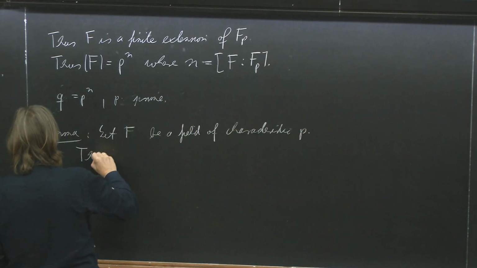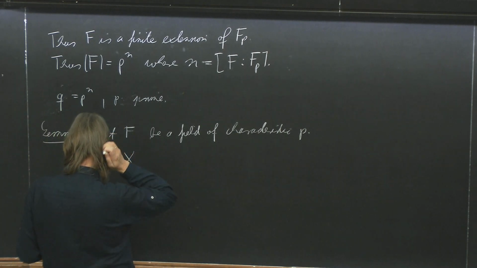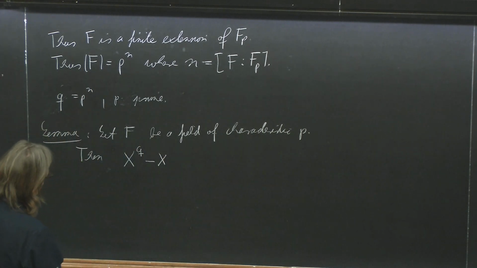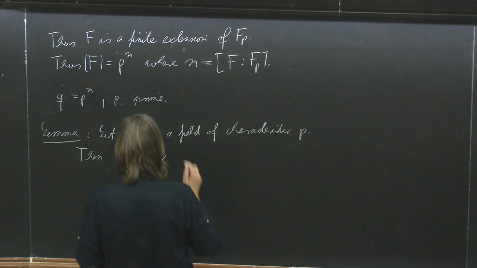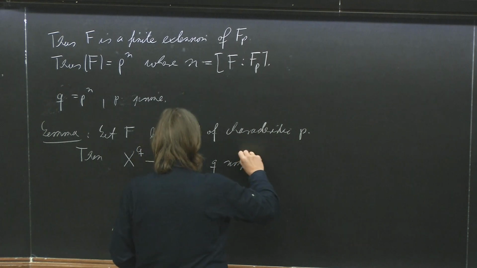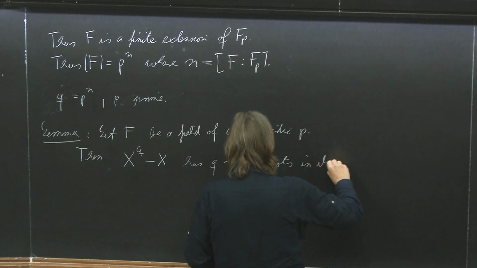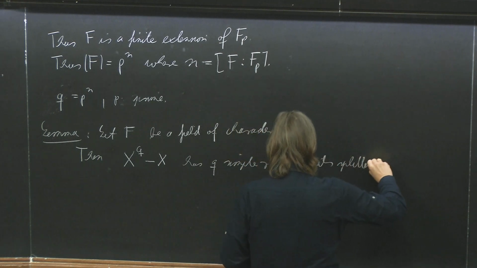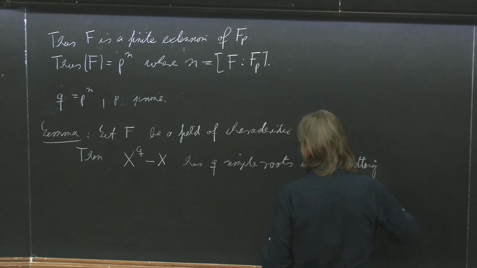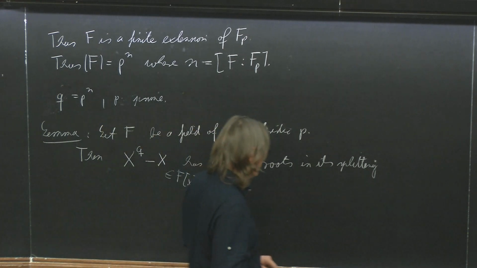Then I can look at the following polynomial: x to the q minus x, where q is p to the n for some prime number. It has q simple roots in its splitting field over F. So if I view this as a polynomial in F[x], it has q simple roots in its splitting field.